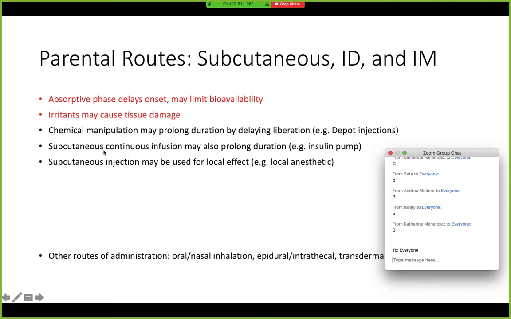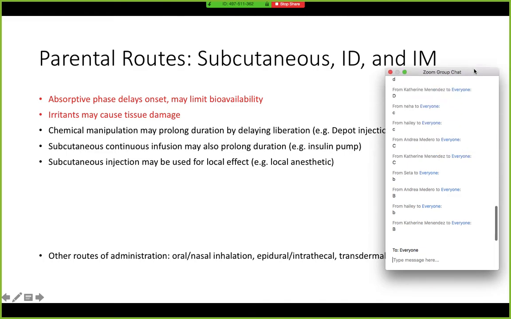The one that a lot of us, at least females, are probably most familiar with would be the depot injections. This is an example of an injection where you're going to prolong the duration by delaying liberation.